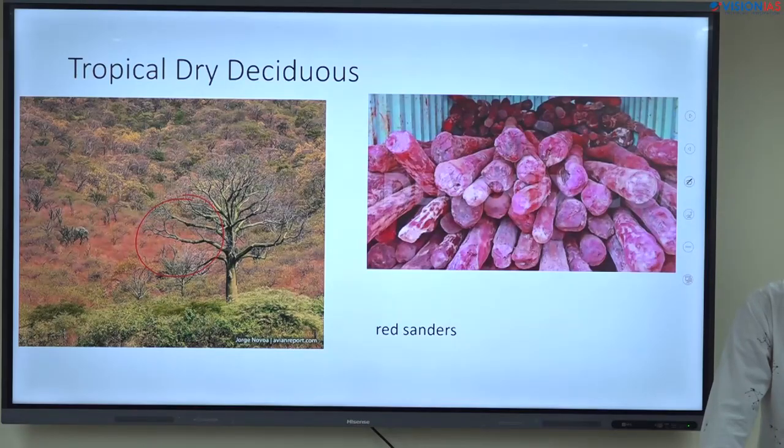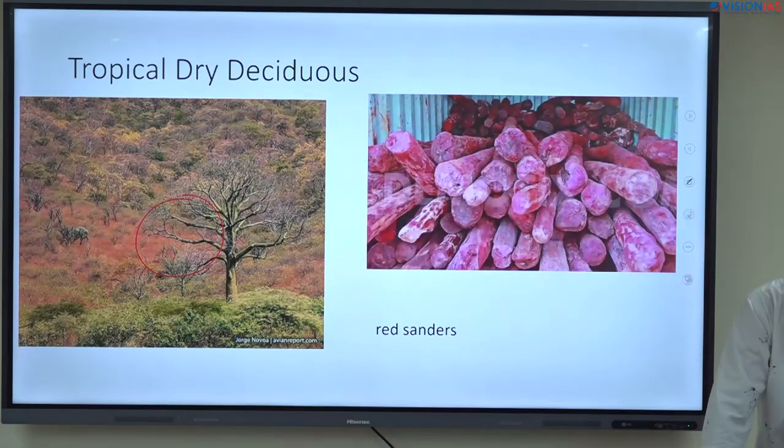These are similar to moist deciduous forest. You have seen category number 3. See the name of category number 3, tropical moist deciduous. And what is category number 6? Dry deciduous. So can you understand the difference? Moist deciduous would be having more rainfall. Dry deciduous would be having less rainfall.